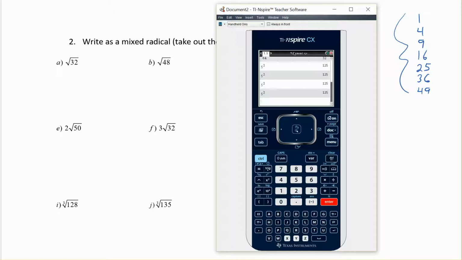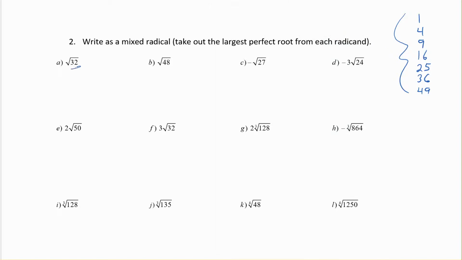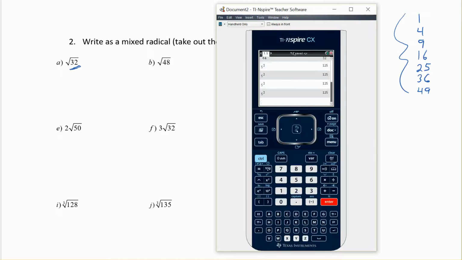I want to break 32 into 2 numbers, and I want one to be one of my perfect squares. So I'm going to say 32 divided by 4, and that gives me 8. So apparently 4 times 8 is 32, if you didn't know that one.